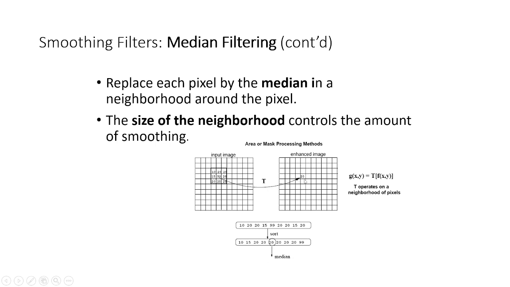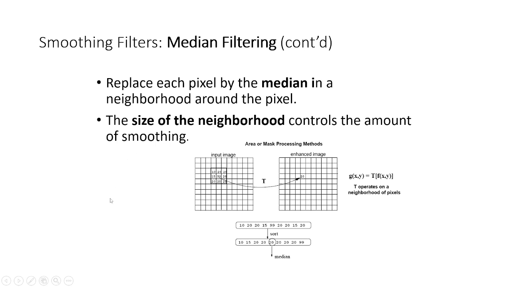Sort it and then put the median value. Clear? So taking the output image of x and y, sort all the 9 pixels, and its median value is 20, the center value. So it replaces it with 20 here. The 19 is replaced as 20.